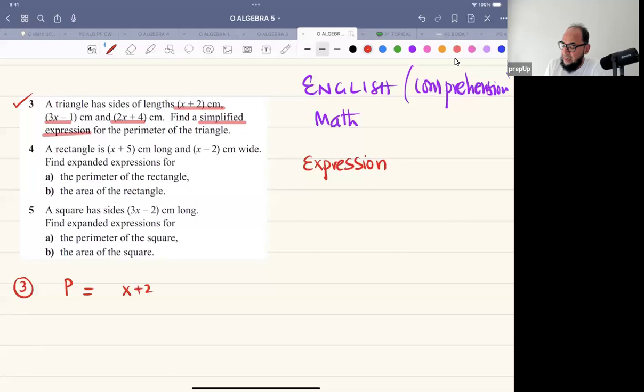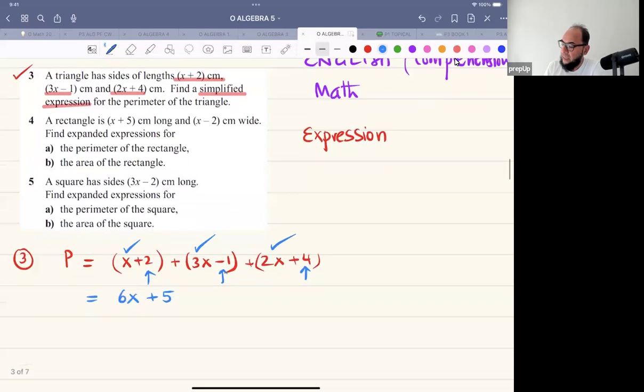That is basically x plus 2, 3x minus 1, 2x plus 4. And again, we apply the same concept, x plus 3x plus 2x, that is 6x. And then 2 plus 4 is 6, 6 minus 1 is 5. So that is the simplified expression.